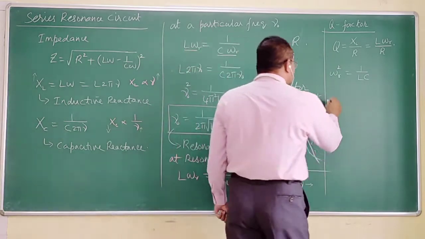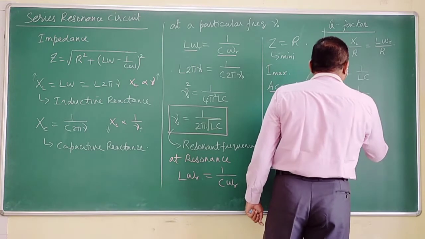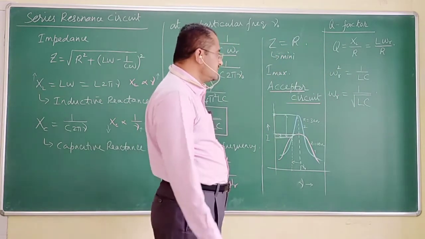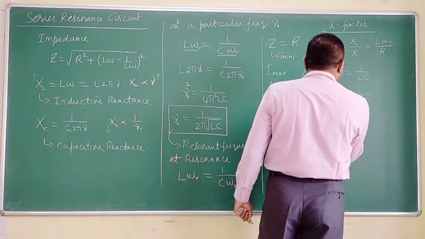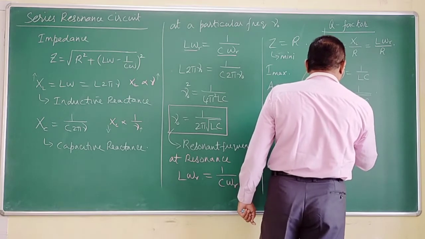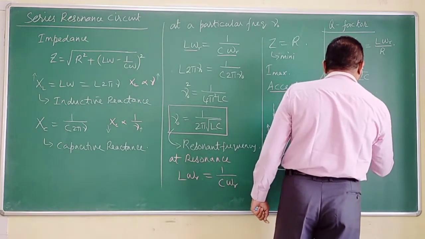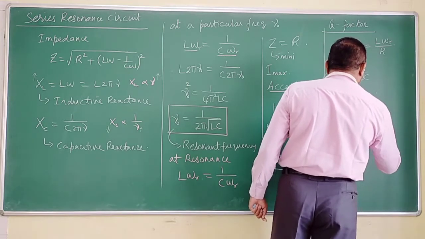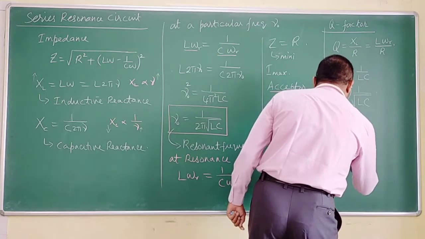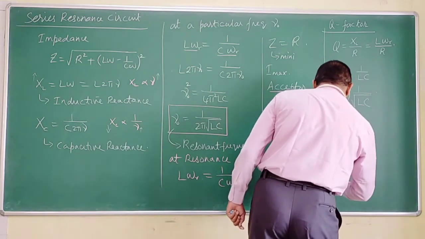In other words, omega R is 1 upon under root of LC. Is that okay to you? Now let me substitute this value of omega R here. Therefore, Q becomes equal to L upon R into 1 upon under root of LC. In other words, this reduces to Q equals 1 upon R under root of L by C.